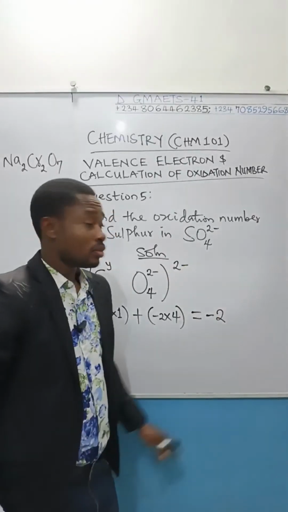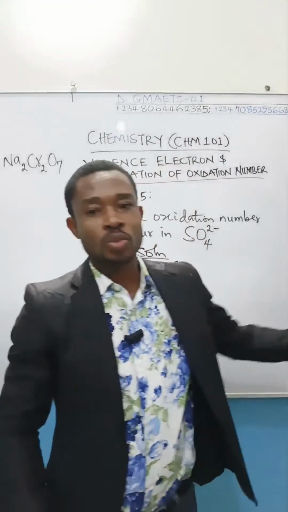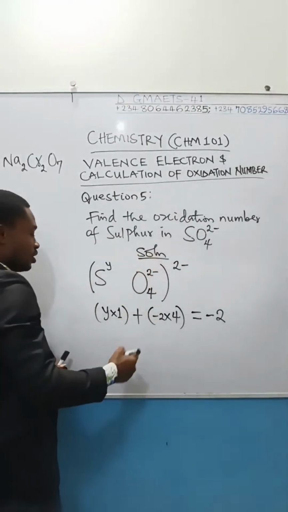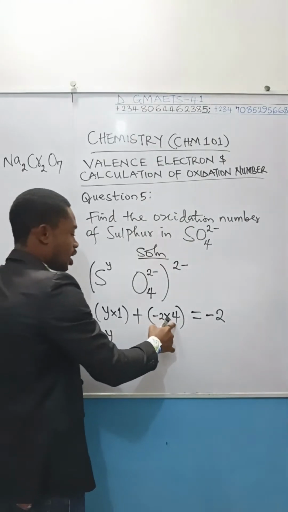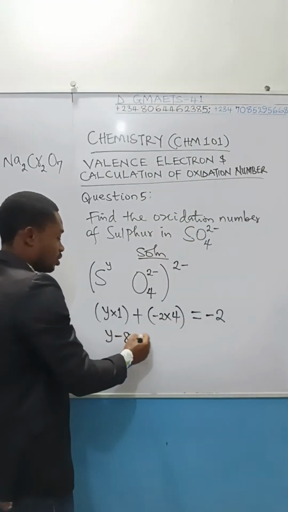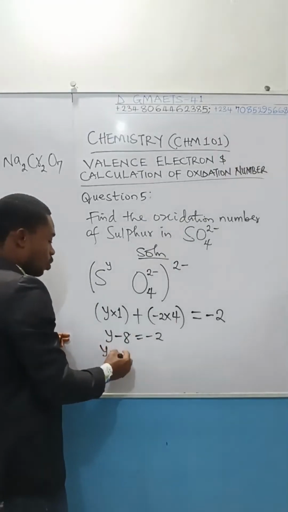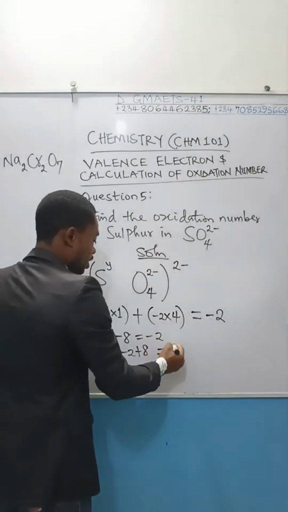You can see it, -2. If the ionic charge is positive, then you equate to positive of that number. But in this case, it is minus. Solve for y here and see. This becomes y. -2 times 4 will give you -8. Equate it to -2. Collect like terms. y will now be equal to -2 plus 8, which will give you 6.